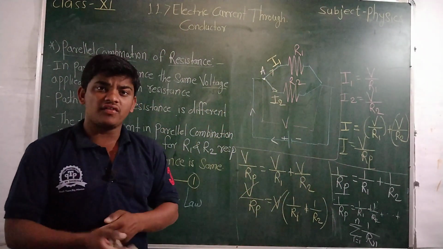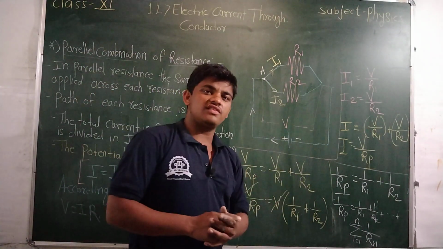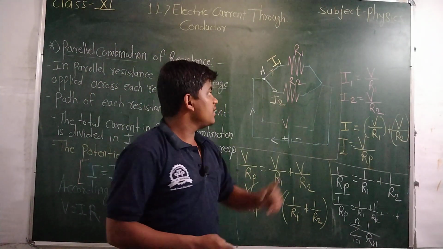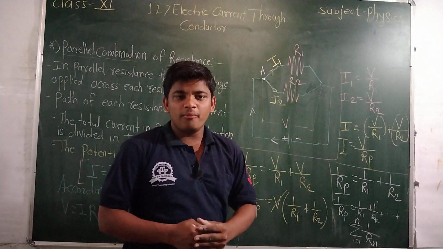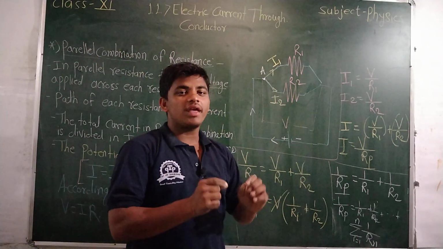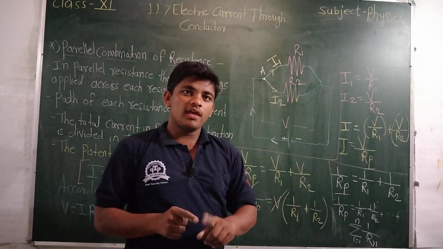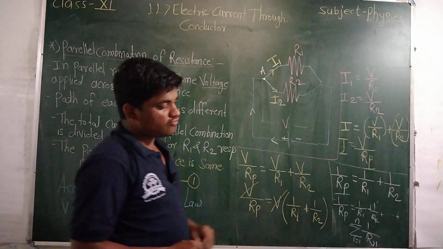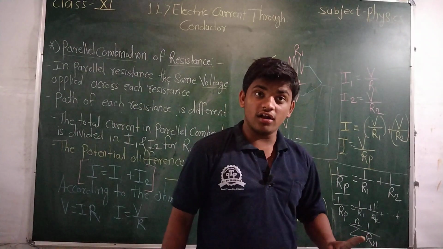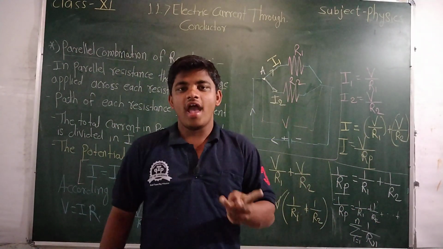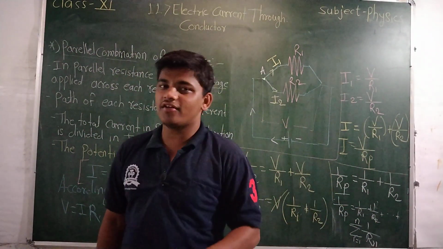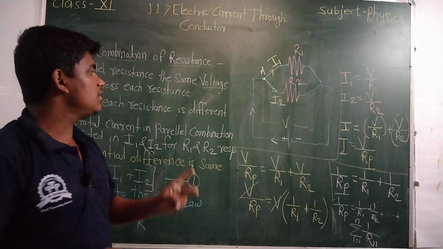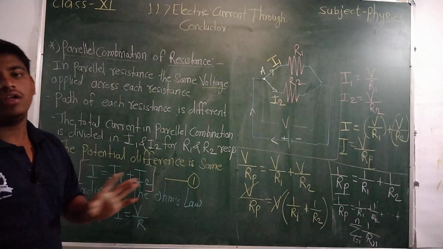In a series combination, the current through each resistance is the same. In the parallel combination, the potential difference across each resistance is the same. In a series combination, the potential difference across each resistance is different, while in a parallel combination the current is different.